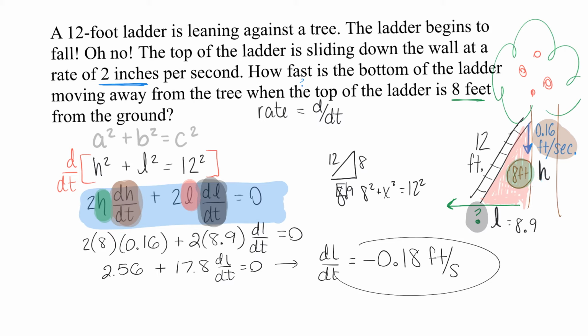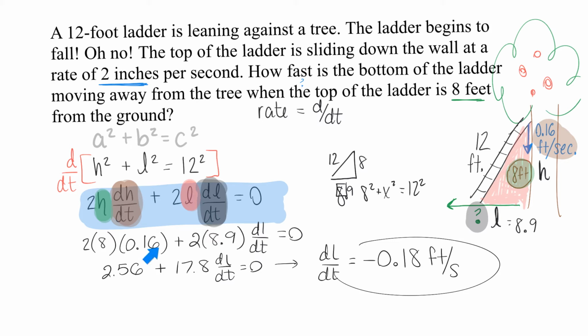So let me go through this one more time. We used implicit differentiation to take the derivative of the formula we had. When we took the derivative of height, we multiplied by dh dt. That's the implicit piece. Then we took the derivative of the length and multiplied it by dl dt. The derivative of a constant is 0.